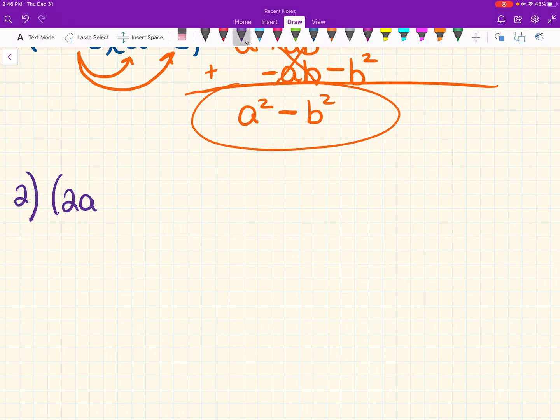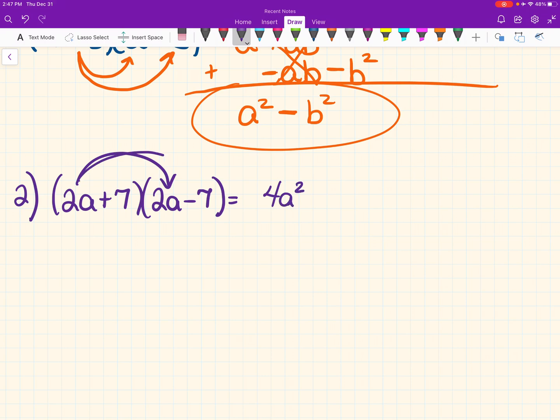2A plus 7, 2A minus 7. And again, because it's called the difference of two squares, there is a shortcut to this. I'm not going to tell you. You can figure it out, and if you can figure it out, you may use it. So, 2A times 2A, 4A squared. 2A times negative 7. Now watch your signs here. This is negative 14A, because you got to be careful.